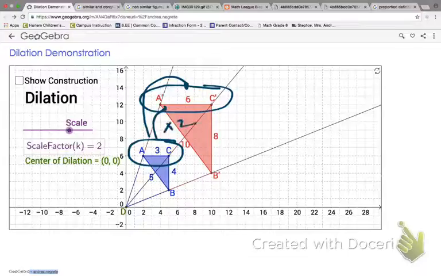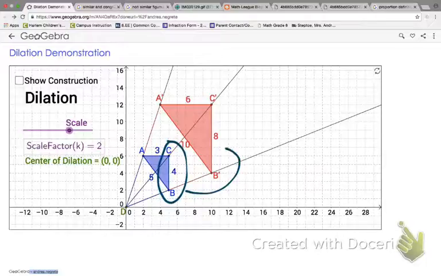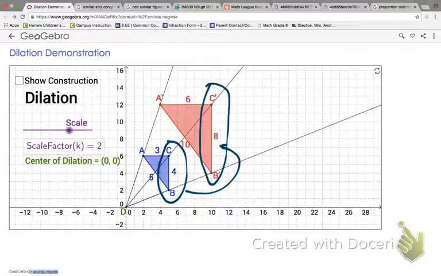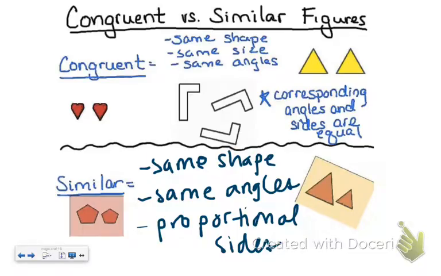It's doubled in size. The same thing happens with segment CB and its corresponding side, C prime, B prime. To get from a side length of 4 to 8, we must multiply by 2. So take a moment to write these two definitions on your handout for today.